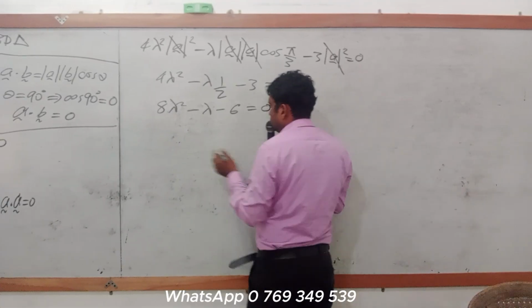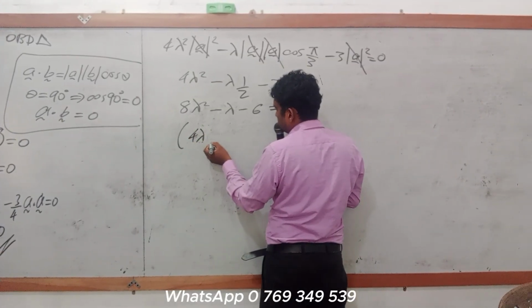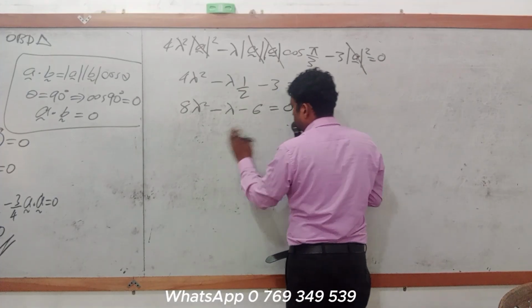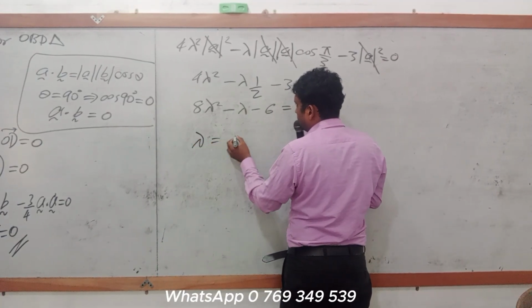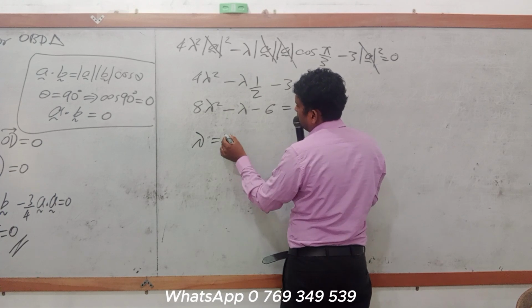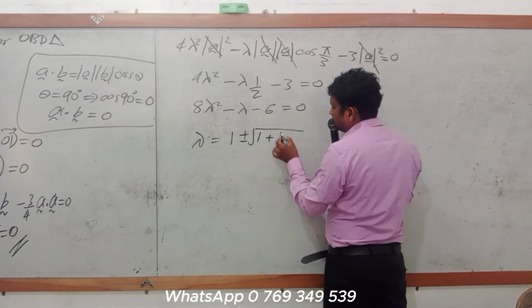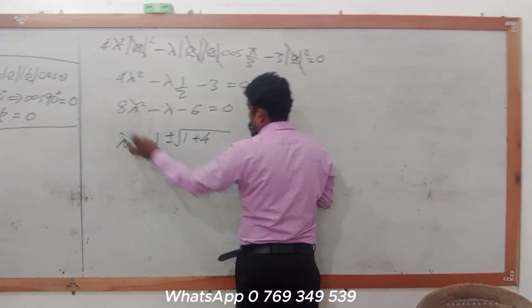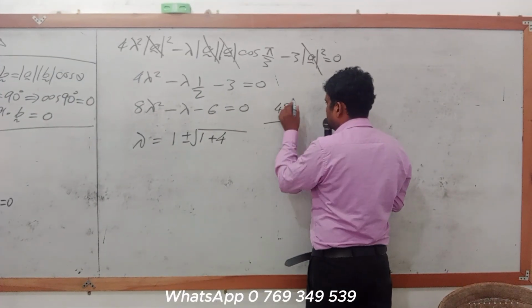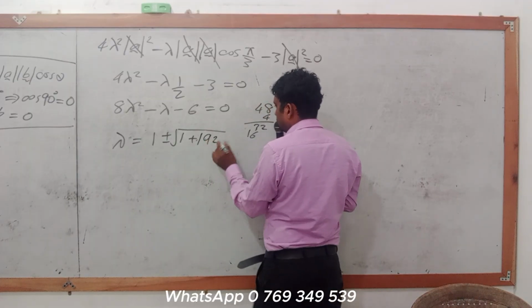First try to factorize. 4 lambda... no, I think no. Lambda equals 1 plus or minus root of 1 plus 4 times 8 times 6, which is 48 times 4, that is 192.